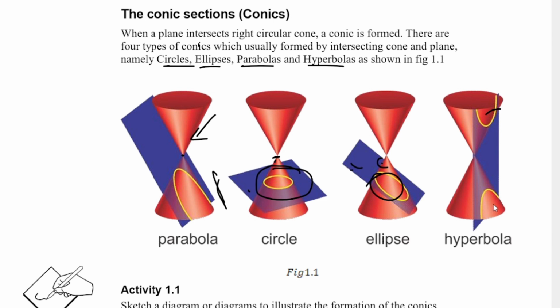So a hyperbola is formed when the plane cuts both naps of the cone at a steeper angle than the side of the cone. So when that happens, the conic section that forms at the top and the down parts of the cone is called a hyperbola.